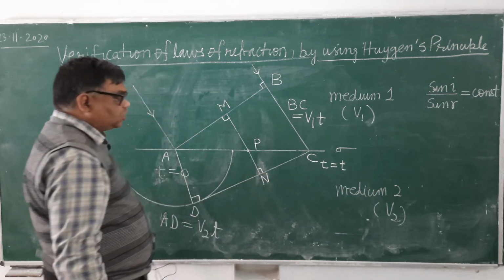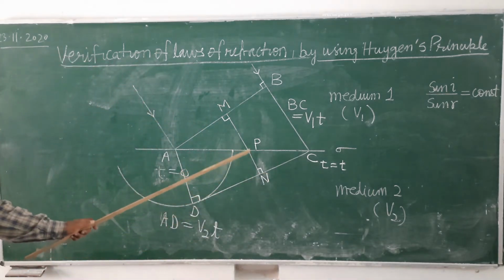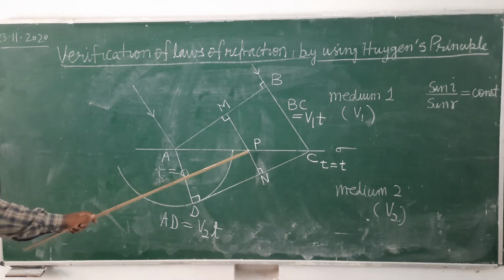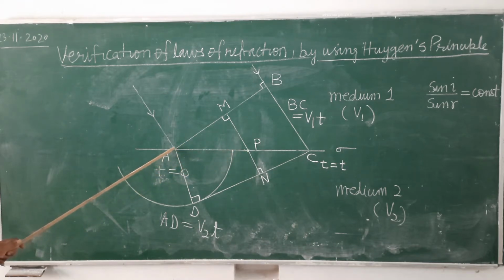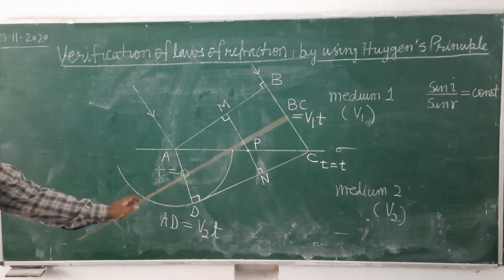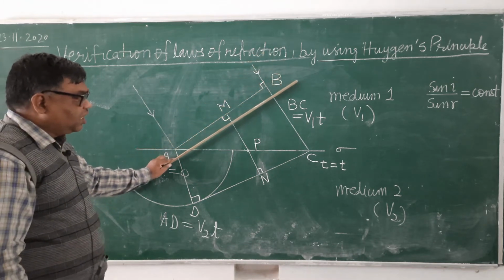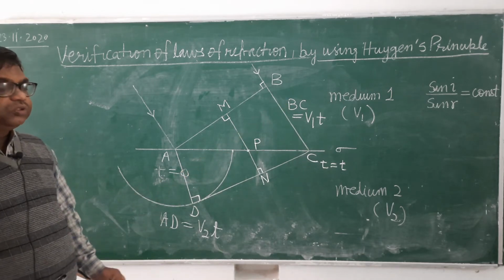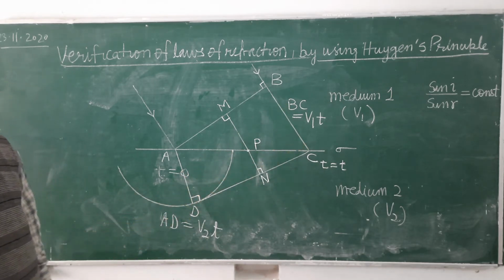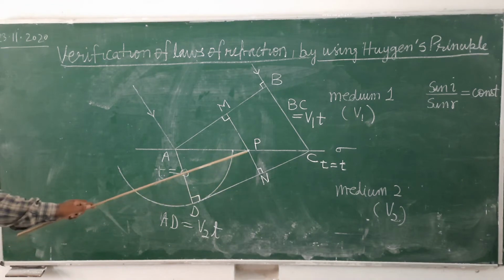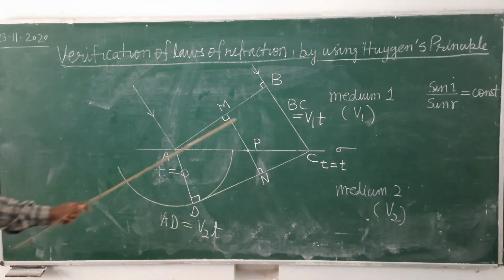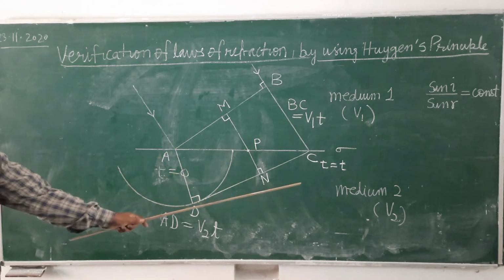Now, the secondary waves from point P will start emitting from point P later than A but before C, because the wavefront is reaching point P later than A but before C. Therefore it will become the source of secondary waves after point A but before C. It's clear?